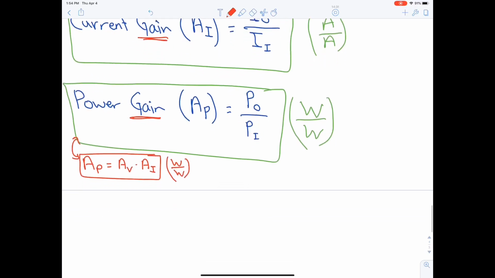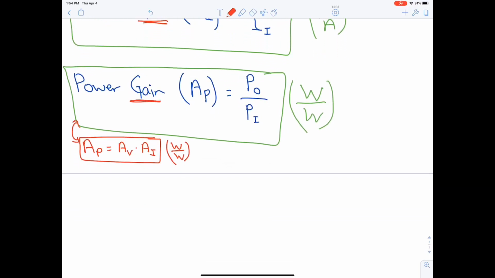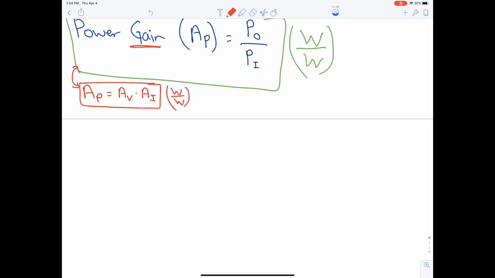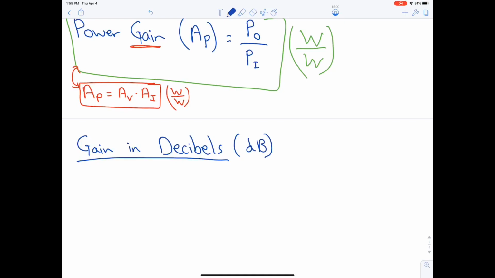Now we can express the amplifier gains in a logarithmic measure, which is decibels. How can we express the gains in decibels? Decibels is a unit, and the unit is dB.